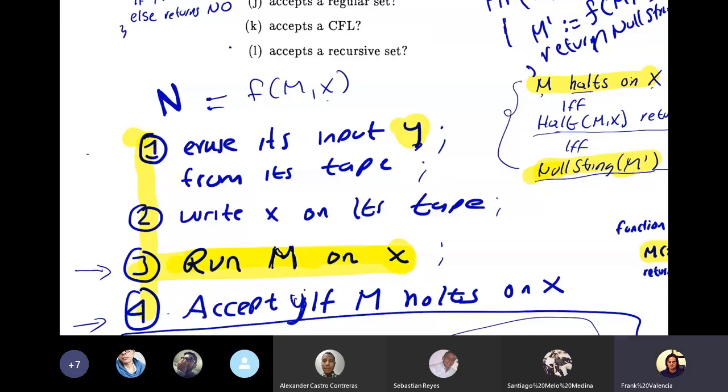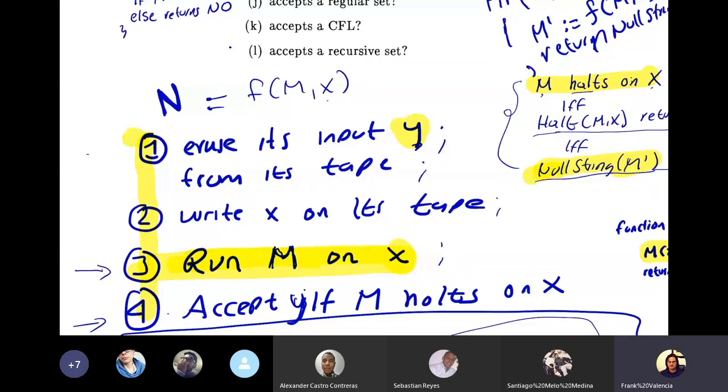Halt means to stop. So the machine halts on X if it rejects or accepts the input. That's the definition of halting.